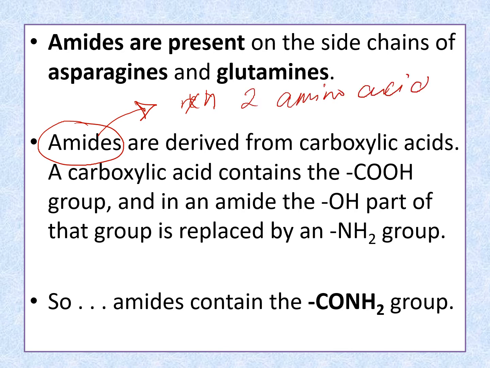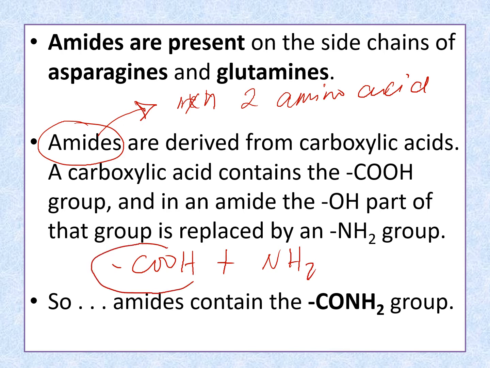In the next slide, you will know how exactly amides are formed during the reaction of two amino acids. But basically, your amide is just C double bond OOH plus the NH2.